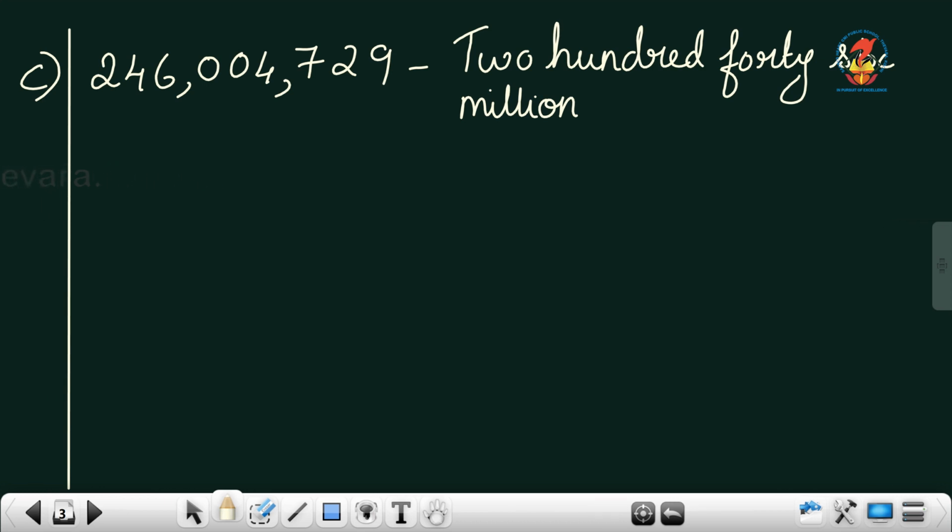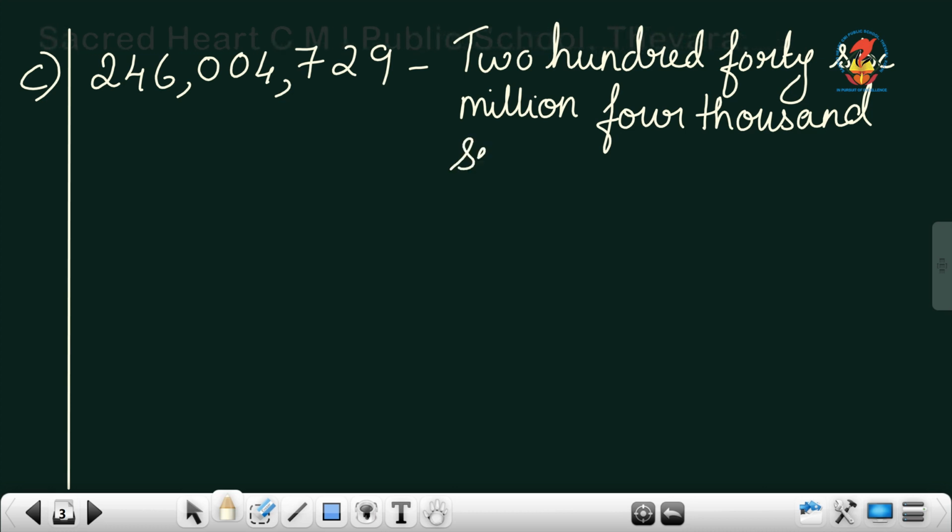Now we are moving on to the thousands period. Thousands period, you can see 3 digits are there, but first 2 digits are 0. So we will read it only as 4. So 4,000. Okay, so thousands period is over. Now we are moving into the ones period. 729.